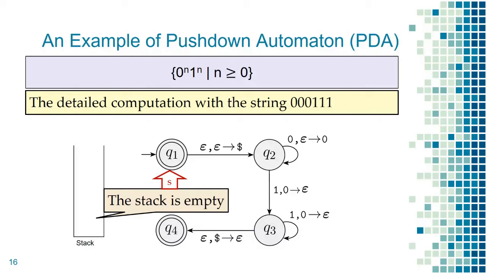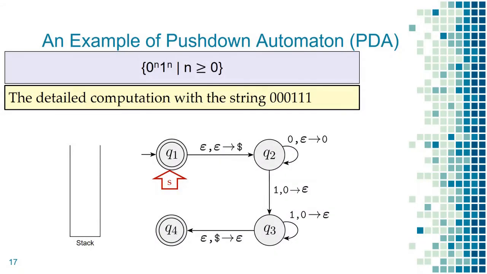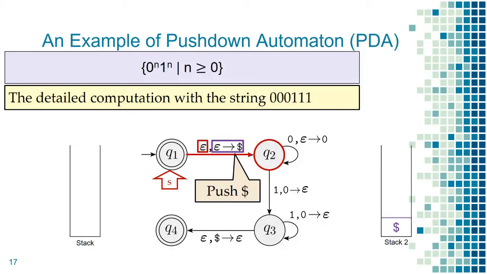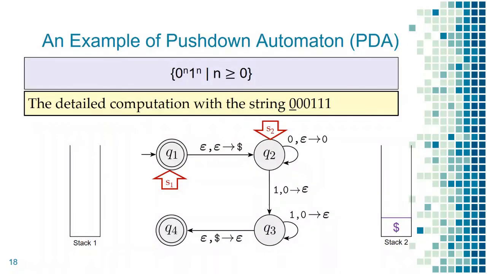So for instance, if I take a string 0, 0, 0 followed by 1, 1, 1, the first thing you can do is just start in Q1, and pretend as if you're going to read a 0 from that point. Or, let's take what we've done so far. If we take the epsilon and then move into Q2, we can push our $ sign on. The other alternative is that we actually read a 0 at the very start.